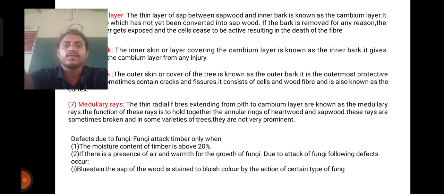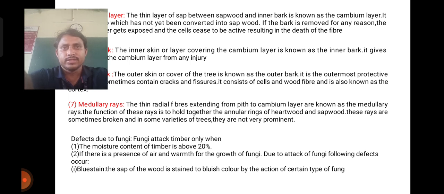Fungi is one of the basic, primary or major defects in timber structures. What are the reasons for fungal attack? The first reason is that the moisture content of the timber is above 20%.